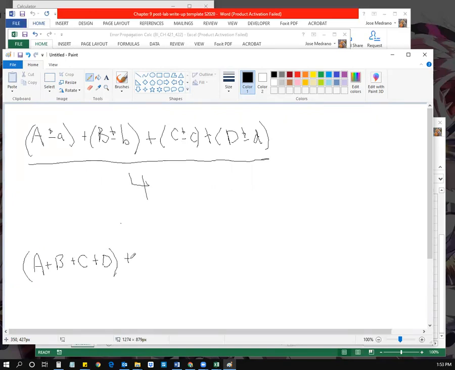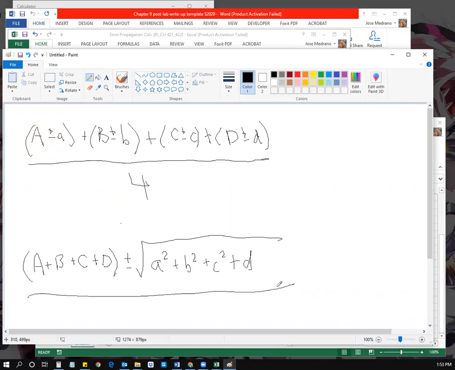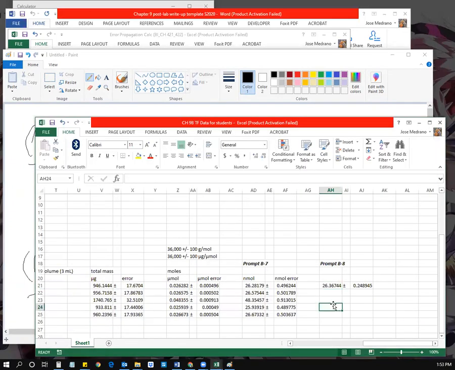And then the error for that will be plus or minus the square root of the sum of all the individual squares of the errors themselves. So that can just be done in one fell swoop if you want to do that with a calculator. And then the summation of those values and errors divided by 4 will be your average. So I can basically show you what that looks like.